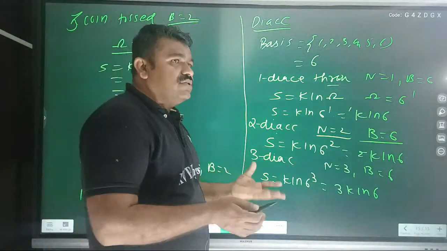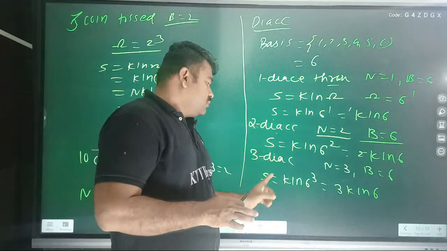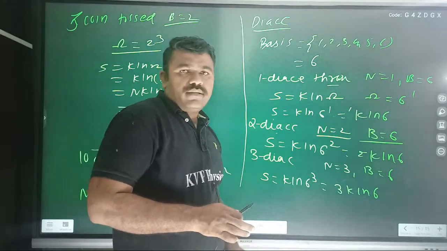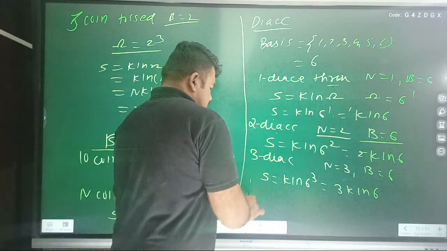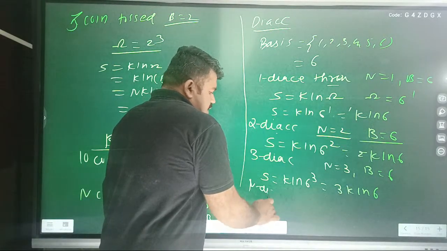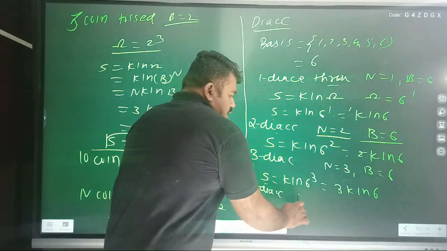If 10,000 dice are thrown, the basis will be the same; the basis does not change. Then this becomes 10,000 k ln 6. Clear? Suppose n dice are thrown.